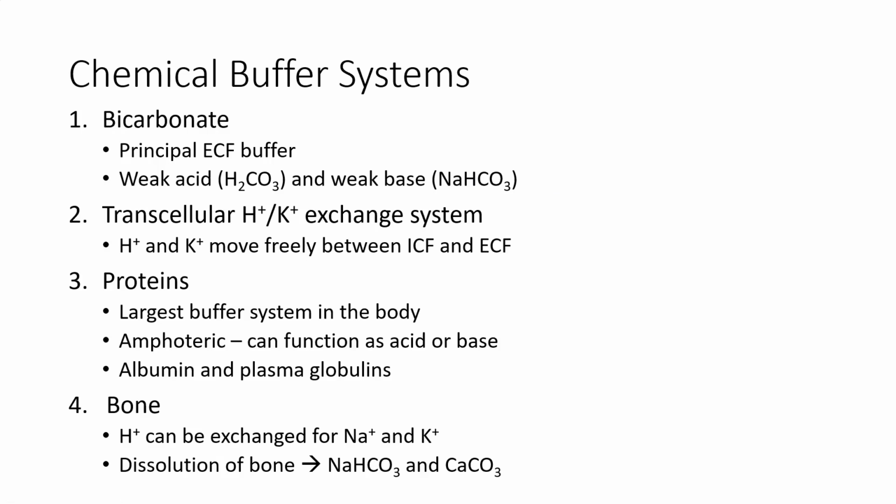We also have our transcellular hydrogen-potassium exchange system. And so hydrogen and potassium can move freely between the intracellular and extracellular fluid. So for example, let's say you have excess hydrogen ion and the pH is a bit acidic. That hydrogen ion can then be pulled into the cell.